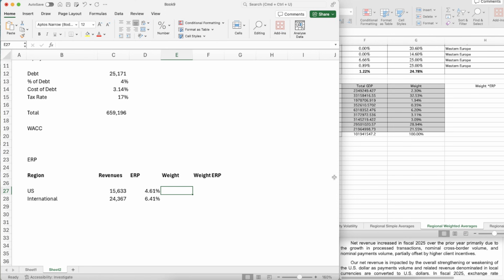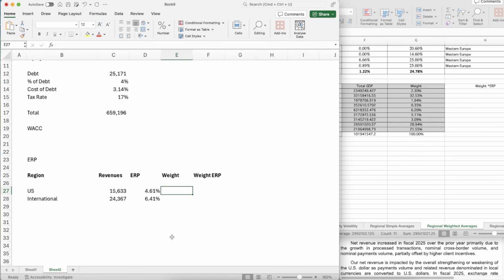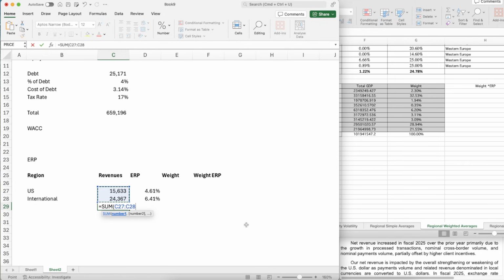It's marginally off because that North America one includes Canada, which is slightly better than the US. So their average is lower than the 4.61% for the US. But for time's sake now, it's fine. So we want to work out the weight. We sum to 40.